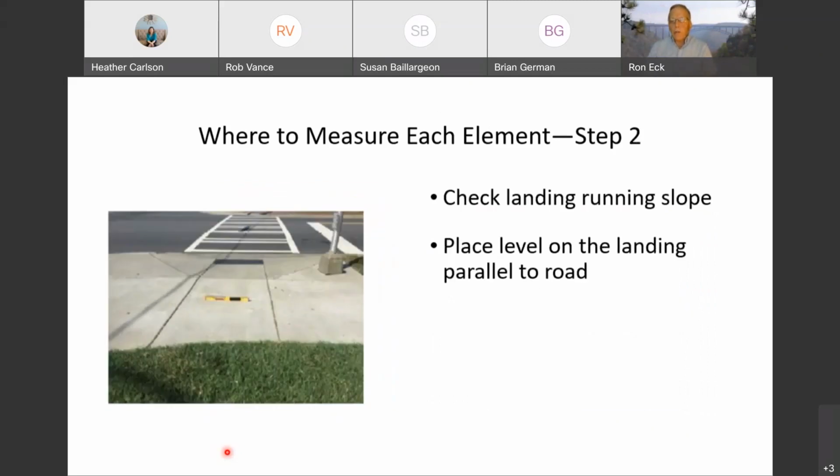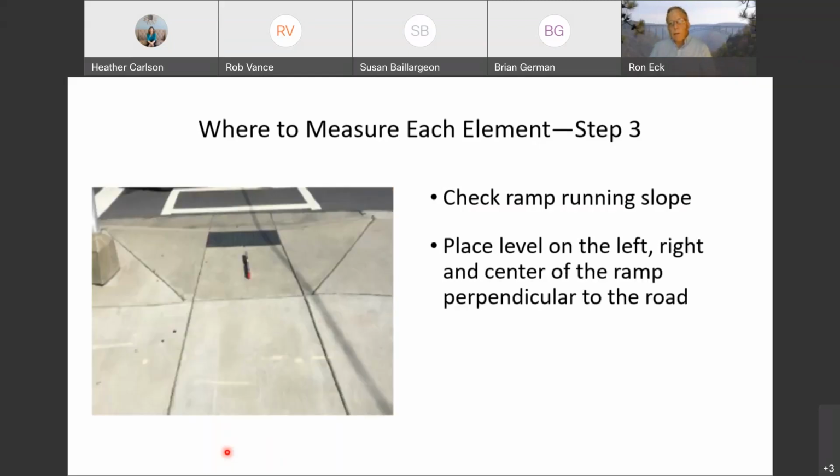Step two is to check the landing running slope, and there place the level on the landing parallel to the road. Step three would be to check the ramp running slope, and to do that, place the level on the left, right, and center of the ramp perpendicular to the road, as you see here.